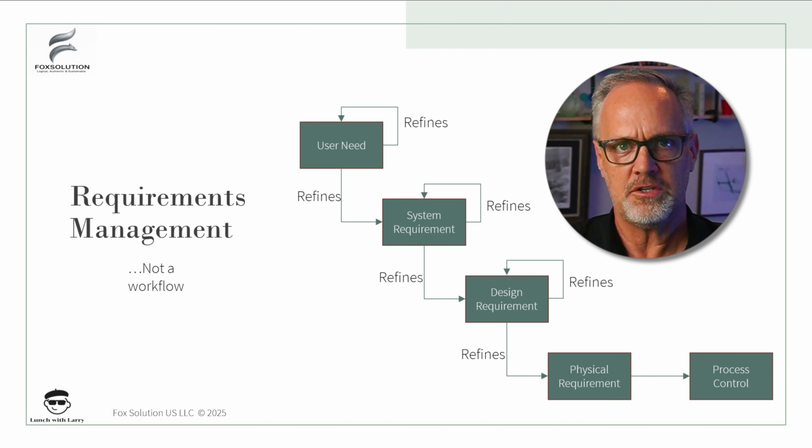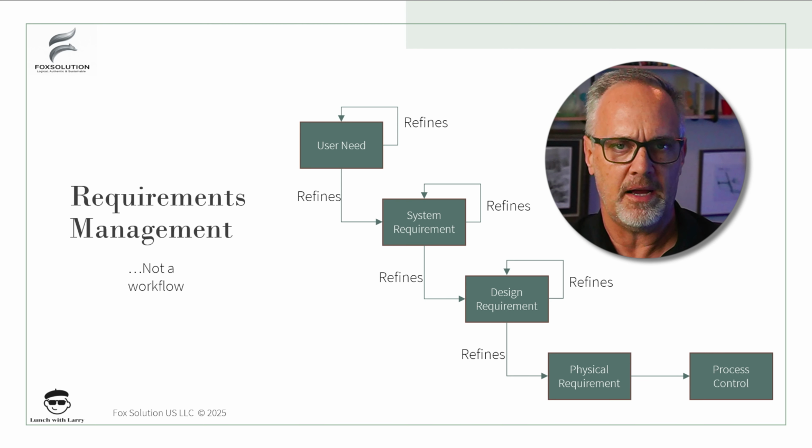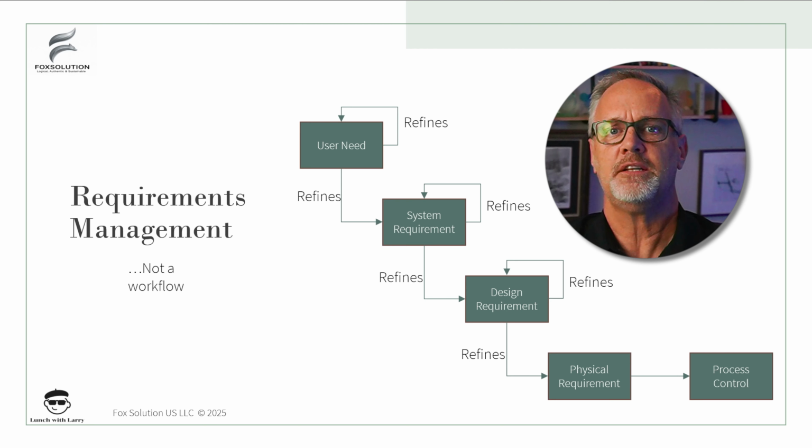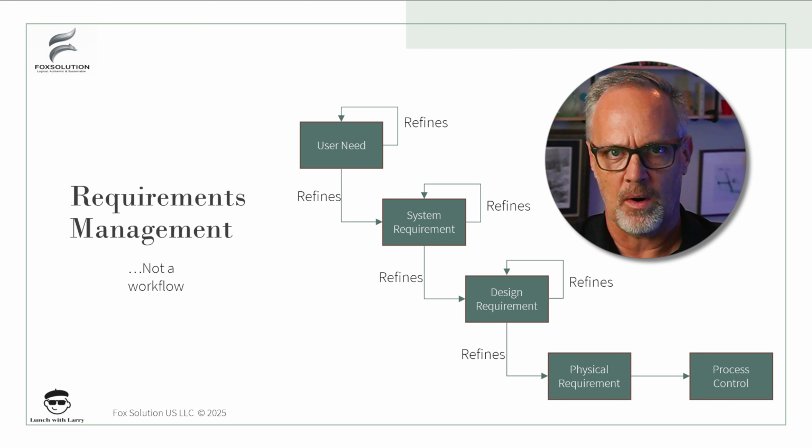Now, the reason to do this refinement relationship in these different levels is because there's n number of levels in a design like this. We don't know how many there's going to be. It really depends on the risks we've identified in the device and what level of detail we need to assure that the device complies and gives us the performance we're looking for. But from a reporting standpoint, I'd like to have one column for user needs and another column for system requirements.